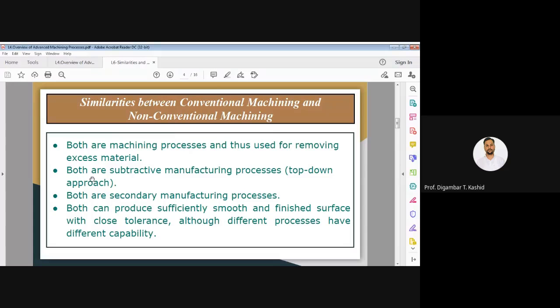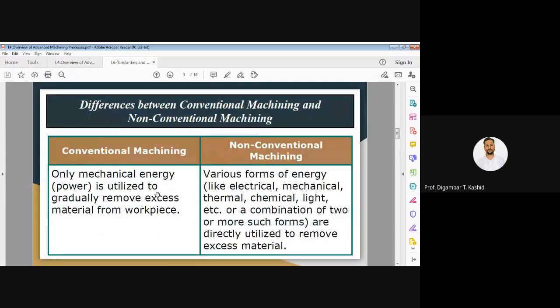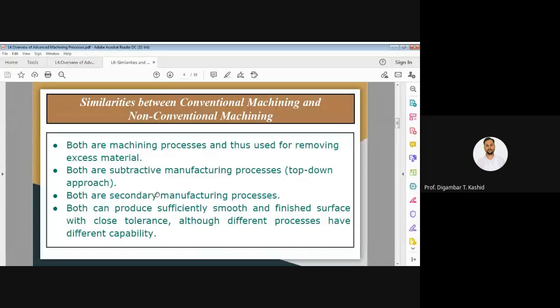Both are subtractive manufacturing processes, that is, the top-down approach. Both are secondary manufacturing processes. Also, both can produce sufficiently smooth finished surfaces with close tolerance, although different processes have different capabilities. These are just general similarities.